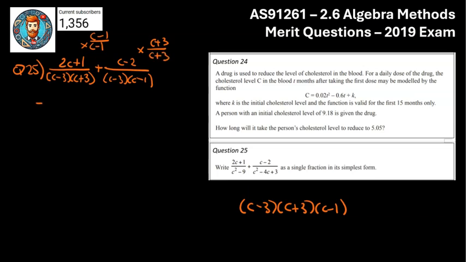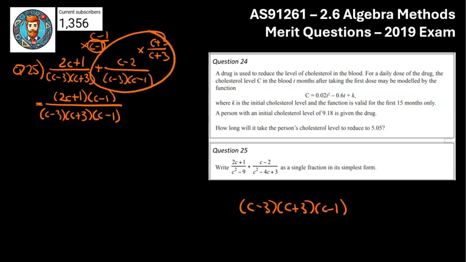So let's put that into a single one. So don't forget the numerator times numerator needs to happen, and then the denominator times the denominator needs to happen because we're multiplying these fractions. So the numerator will become (2c plus 1)(c minus 1), and that there will be over (c minus 3)(c plus 3), and then the new addition to the denominator, what we're aiming for, c minus 1. I now repeat for my second fraction.